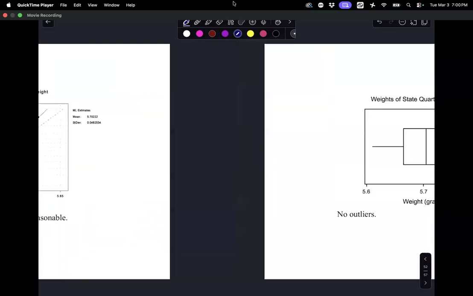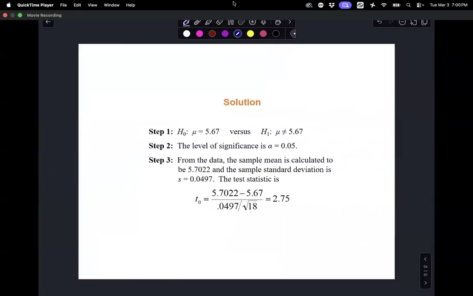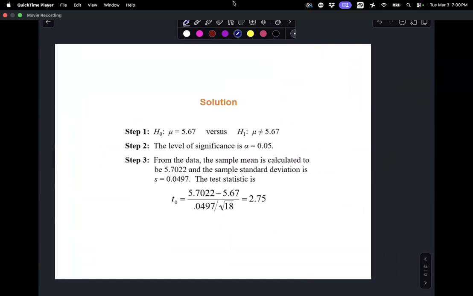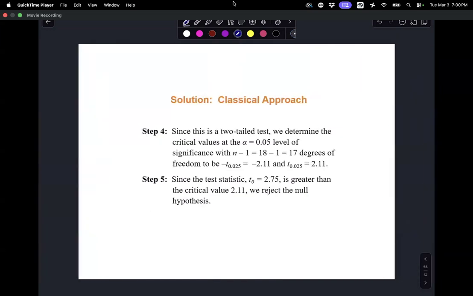All right. This is just showing that that's normal. This is the same stuff that we did. We have our hypothesis test, we have our level of significance. They calculated the mean and all of that. There's our test statistic. It's the same thing that we got. And using n-1 degrees of freedom for your critical value, don't forget that.